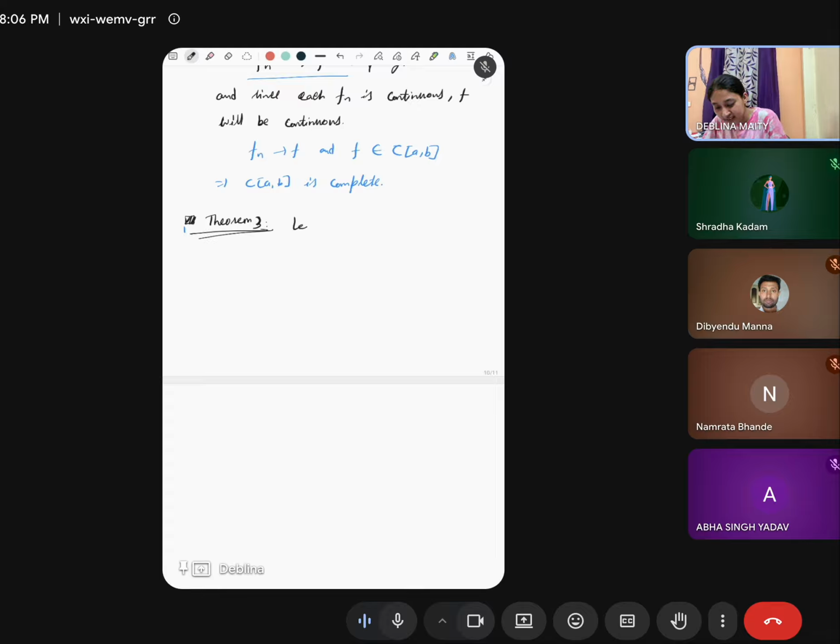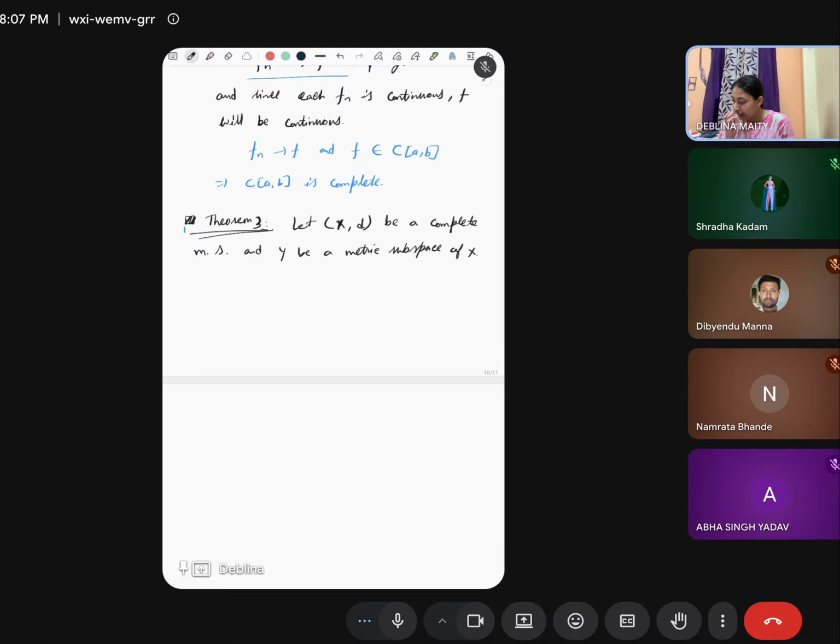So let X, d be a complete metric space, and Y be a metric subspace of X.